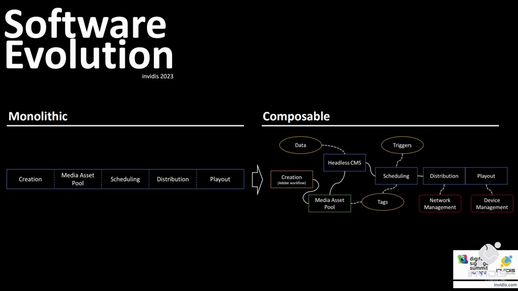It is now more and more getting separated, because what we see is that there are specialists in the market who are good at doing some things better, and so we will end up in an architecture which we call composable, where you can pick out the best solution for your signage system.